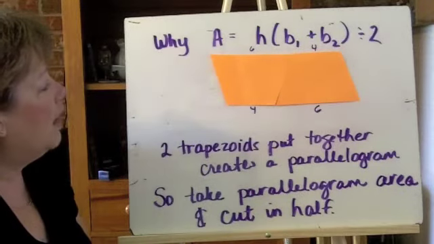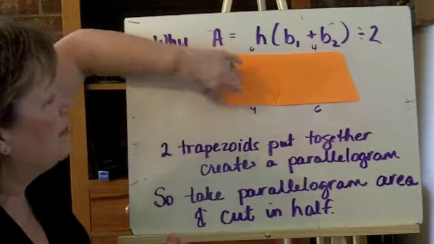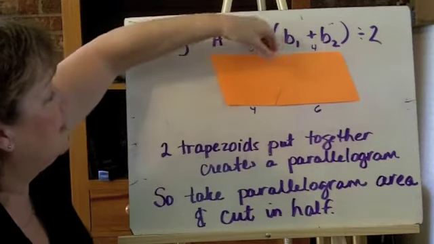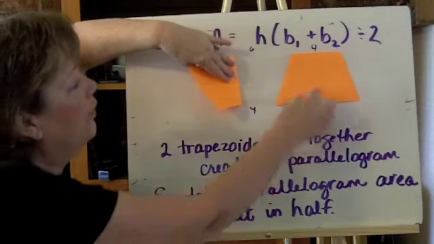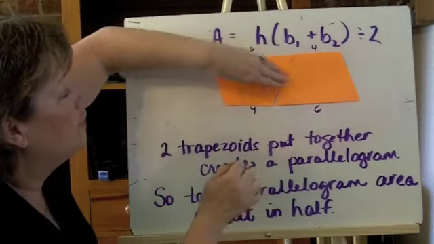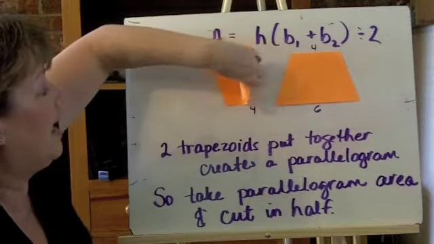But when I have it as a single trapezoid, my bases are not the same length. So I have to look at that and add those two together, then multiply it by the height. And because there aren't actually two, we're going to cut it in half.